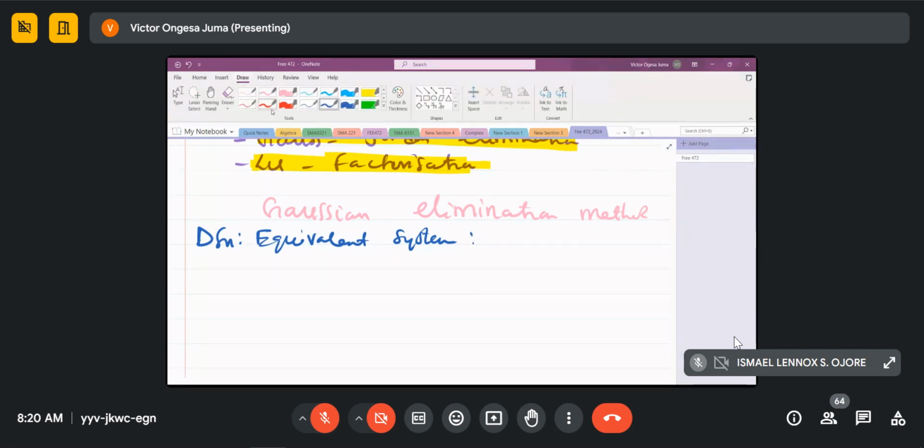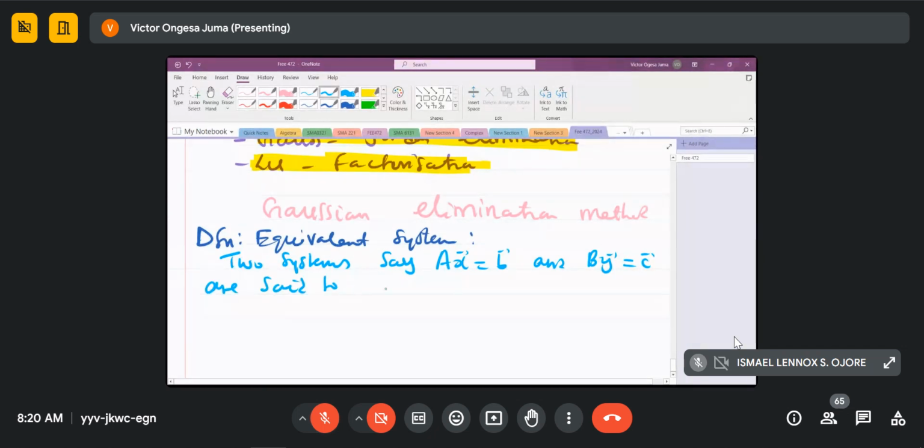We can say that two systems, say AX is equal to B and BY is equal to C, are said to be equivalent if they have the same solution.